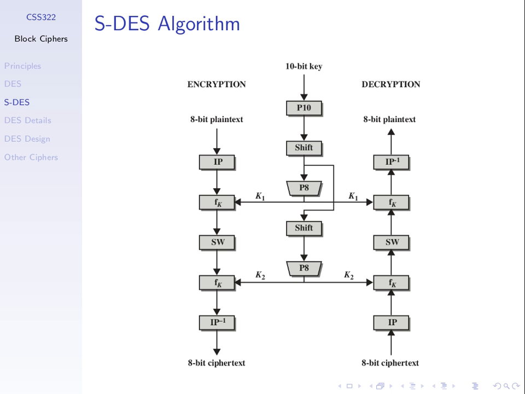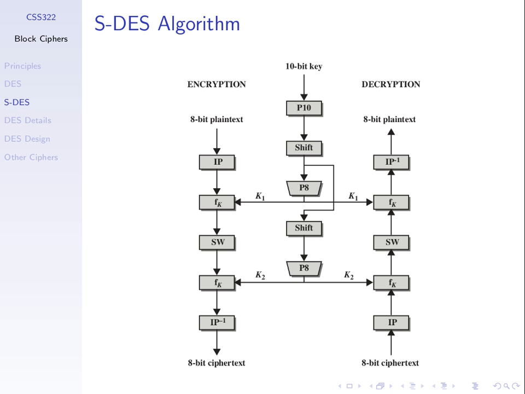P8, we see the shape of the box. The P8 here takes 10 bits as input. We have a 10-bit key, apply a permutation, have 10 bits out, do a shift, we have 10 bits out. We're going to take some input and produce 8 bits out. And those 8 bits are going to be K1, or the first round key.